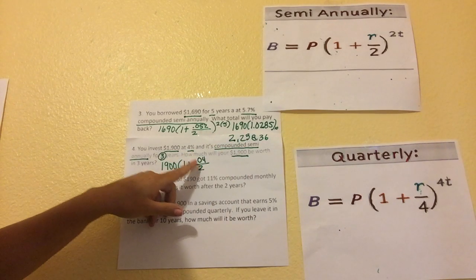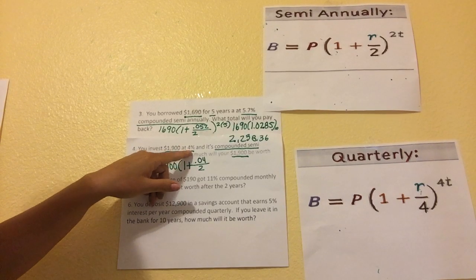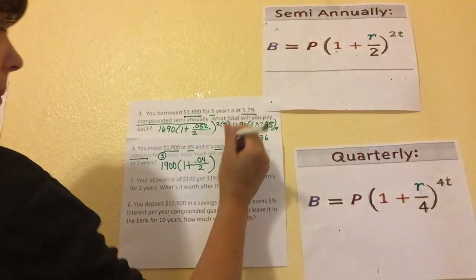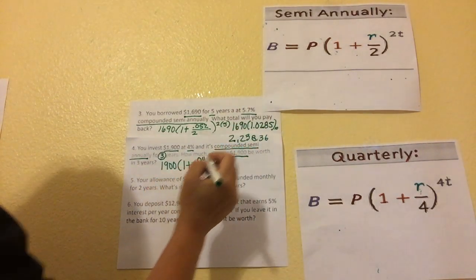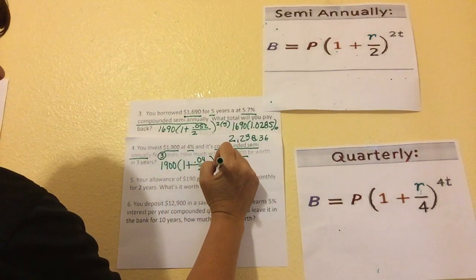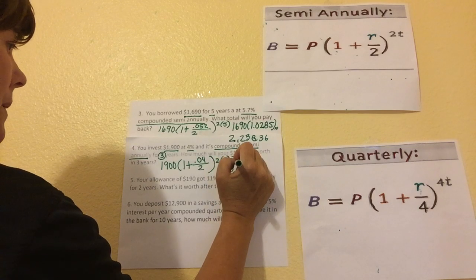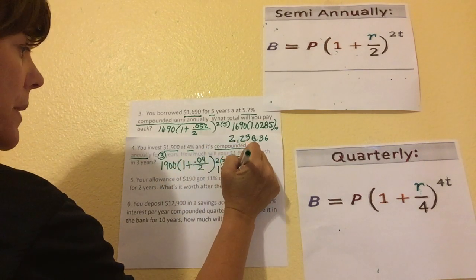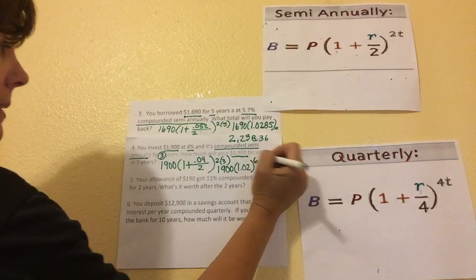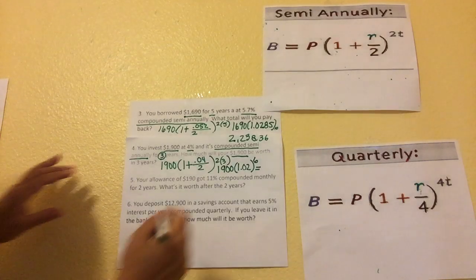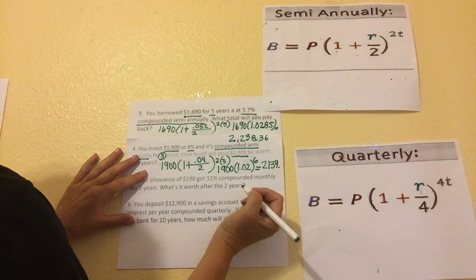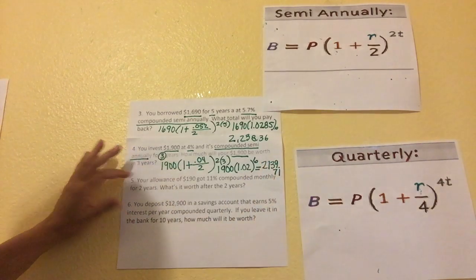Again, 0.04 just means I converted that, okay, 4%. And then formula is 2, and then it's 3 years. Okay, and I'm going to combine that. 1,900, 1.02, and then 2 times 3 is 6. And when I do that, I get 2,139.71. Okay?